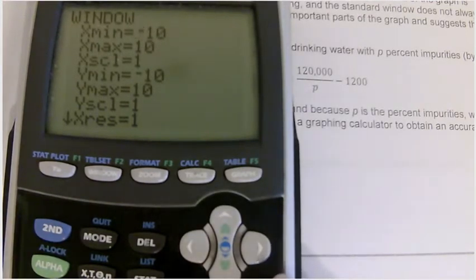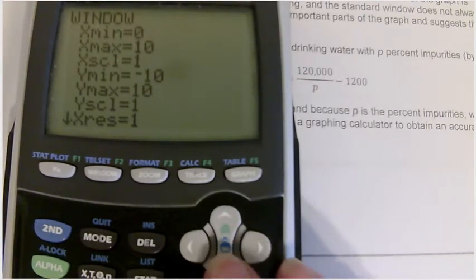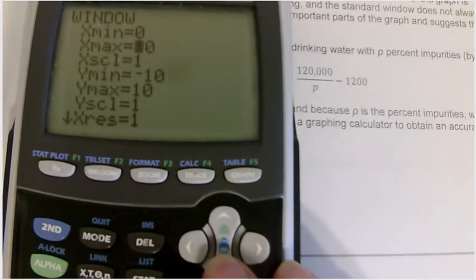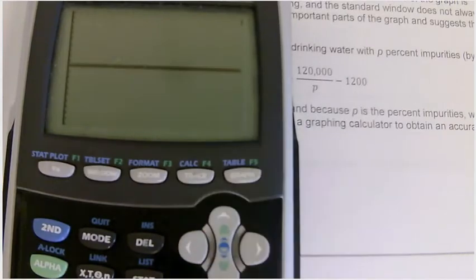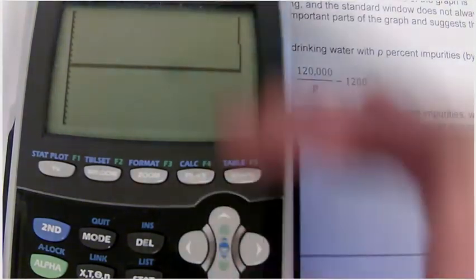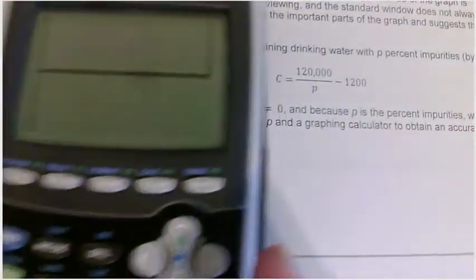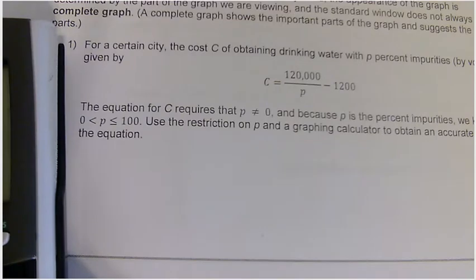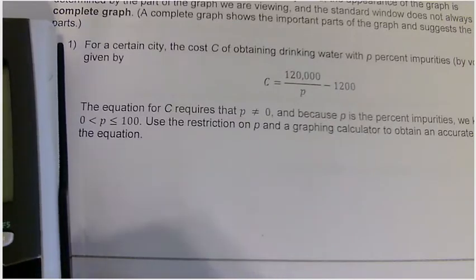So I'm going to go from 0 to 100. Well, let's see if I see anything. Ooh, I see the bottom of a graph, so I'm not tall enough. I also don't really think I'm going to have too much below the graph.